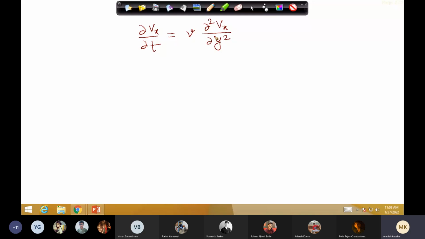Now what is important here is whether we know the analytical solution or not. What does analytical solution mean? It means you can express Vx in functional form as a function of y and t.